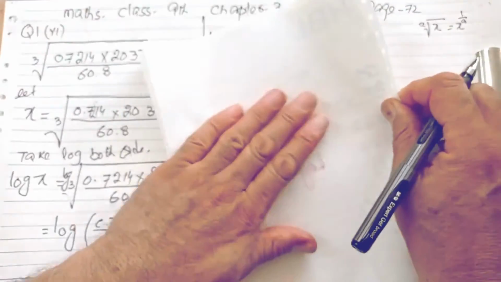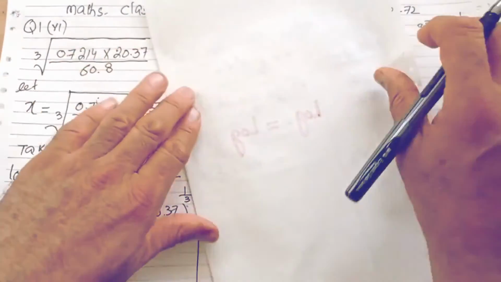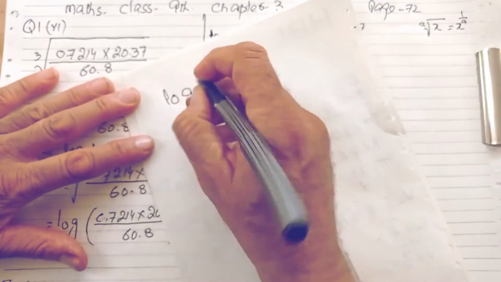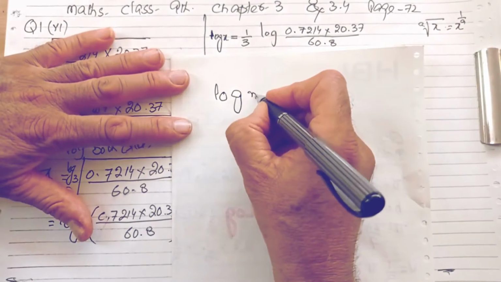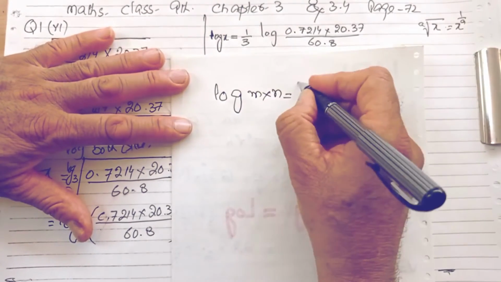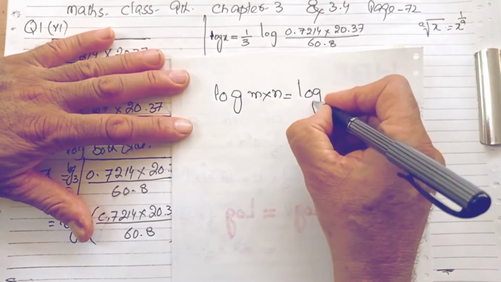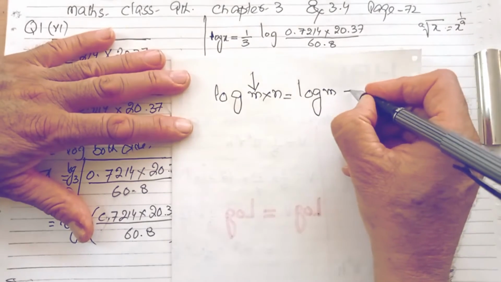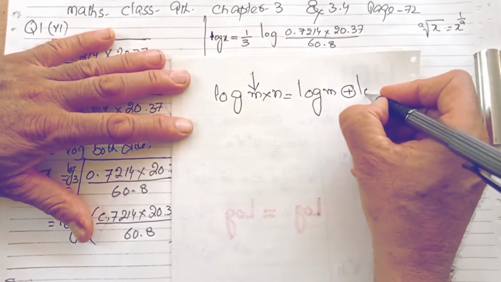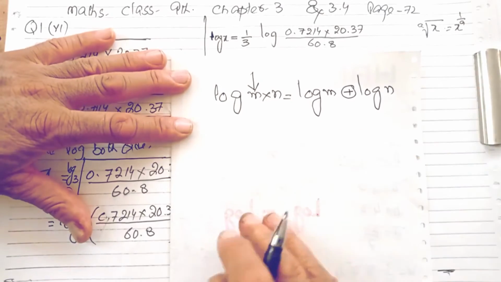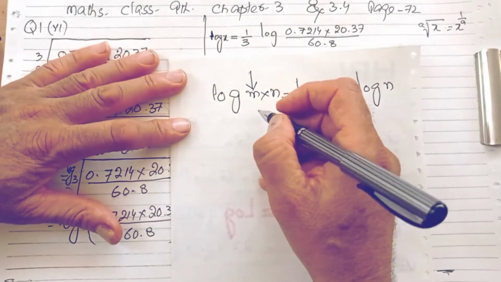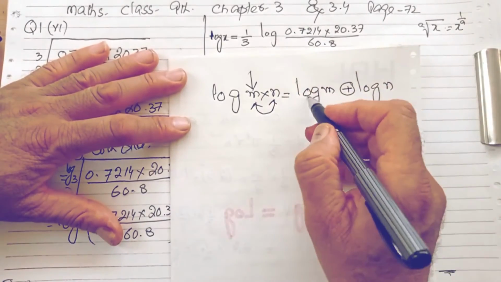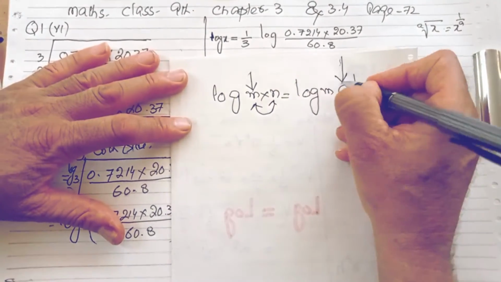So we will just refresh our formulas over here. If there is log m multiplied by n, then you can write it like this: log m plus log n. Once numbers are multiplying with each other, you place log and place plus over here.